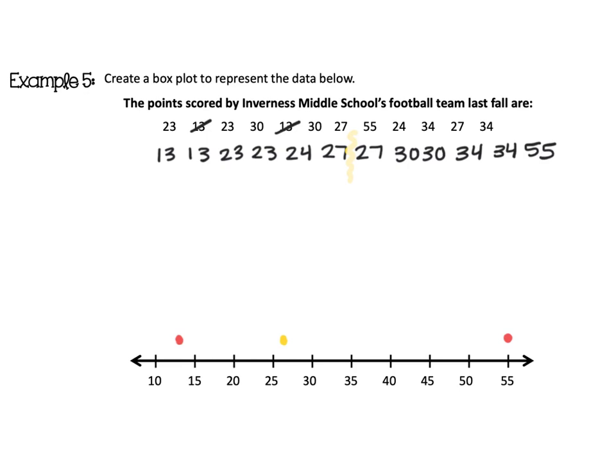Now that I've done that, in order to find the lower quartile and the upper quartile, I need to find the medians of these lower and upper halves of the data. So the median of the lower half of the data is going to be 23.